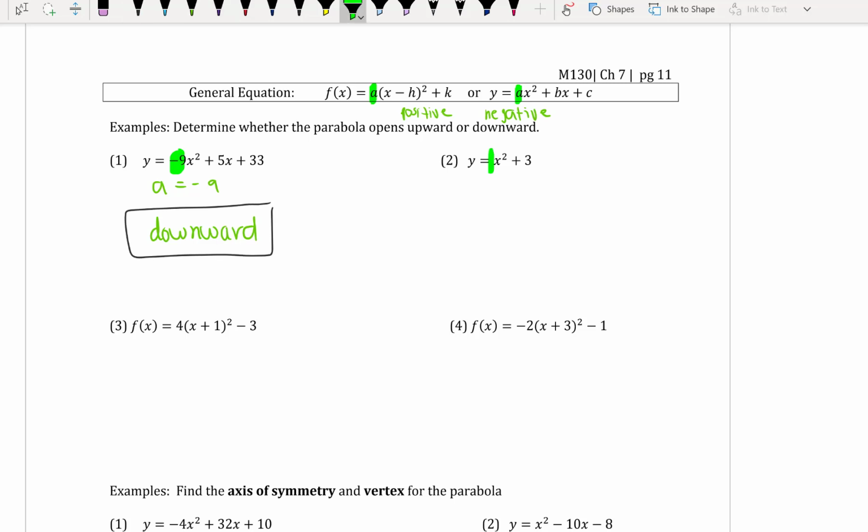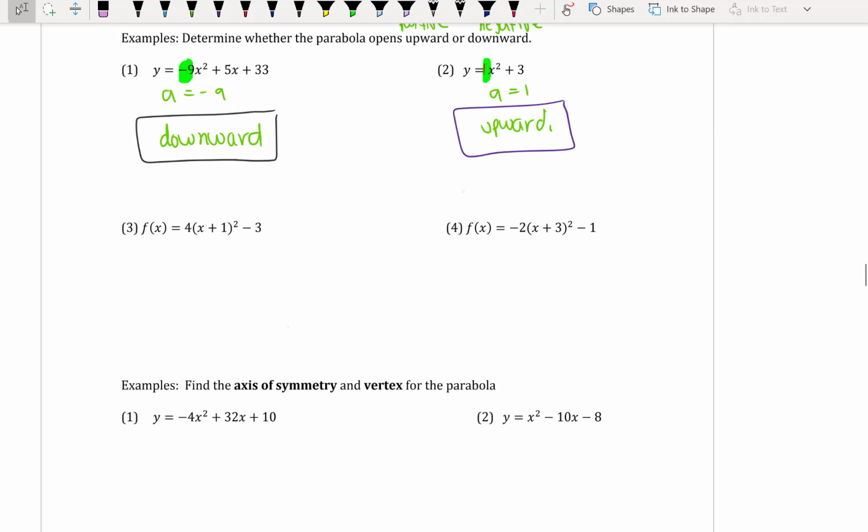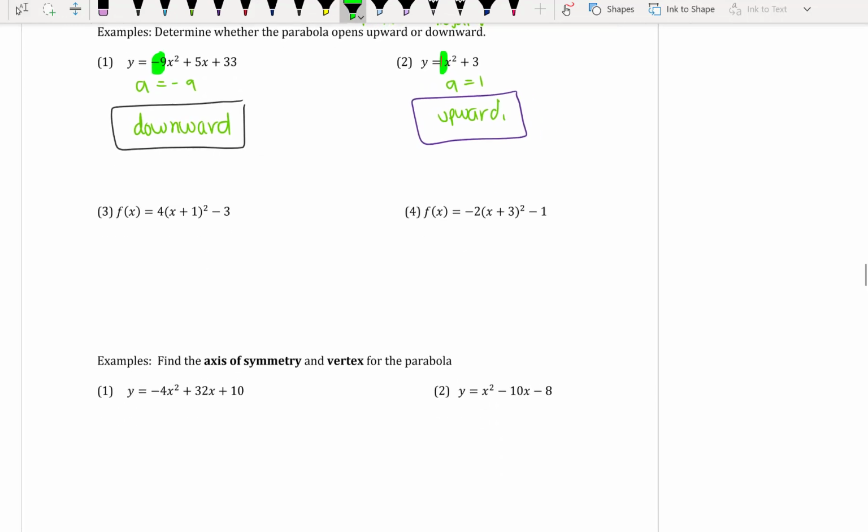Here, that leading coefficient, that a value, is really a 1. So my a is equal to 1. That is positive, so it's going to be opening upward. For number 3, again we are looking at that a value. A is equal to a positive 4, so that's going to be upward.